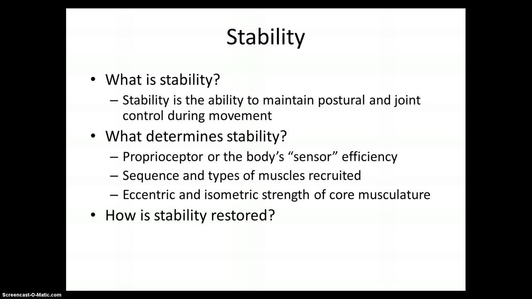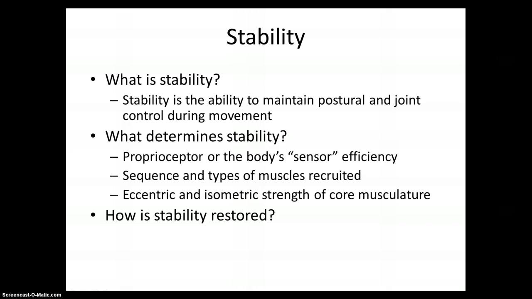A proprioceptor is a little communication cell in your body that tells your brain and central nervous system, so your brain and your spinal column, what it is doing and what it is perceiving from the external environment. It sends that information to your brain and you react appropriately.